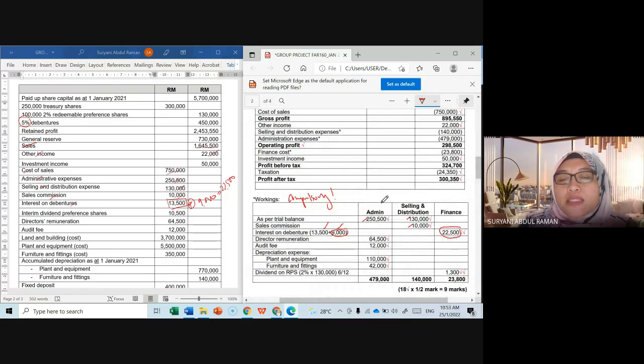I'm asking this because I can see that many of the groups failed to get this answer. So this is actually a revision of your part 1 class. Remember, don't leave it. You have to bring it because this is the compulsory adjustment for any financial statement. You must remember how to tackle the accrual and prepayment.